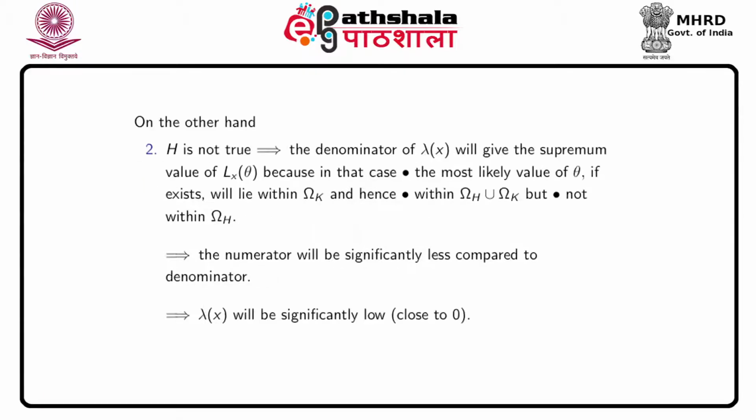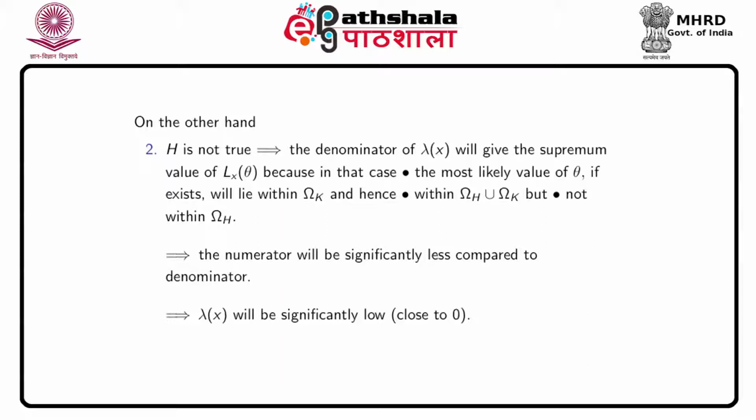On the other hand, we consider the second point. Here, the null hypothesis H not being true implies the denominator of lambda(x) will give the supremum value of L(theta), because in that case the most likely value of theta, if it exists at all, will lie within omega_K and hence within omega_H union omega_K, but unfortunately it will not lie within omega_H.